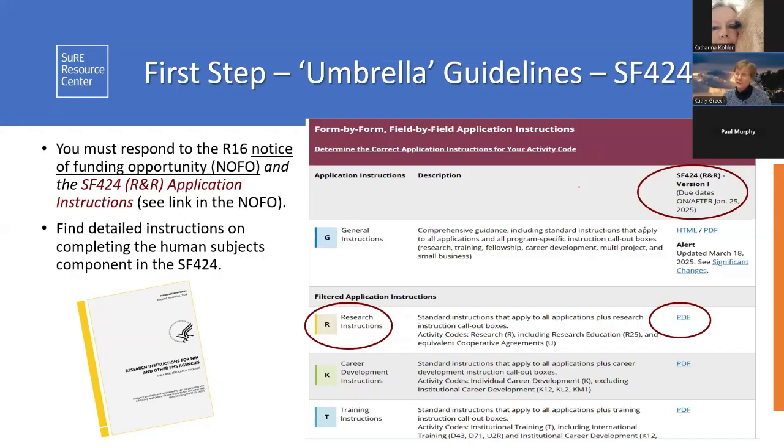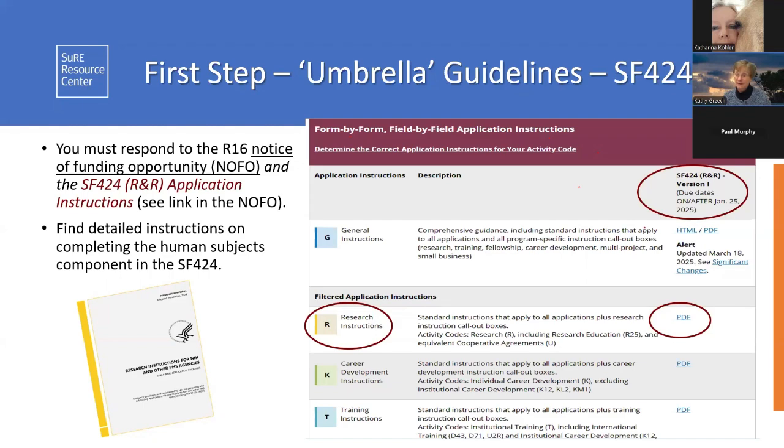Now, it's important to note that right now we are using version I. If you look in the upper right corner where I've circled SF 424 R&R version I, this one took effect after January 25th, 2025. That is the version that is currently in use by NIH.